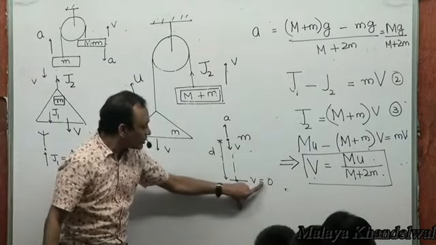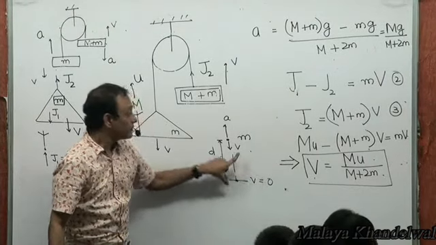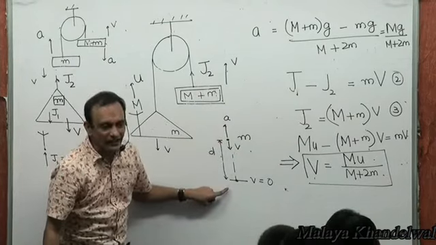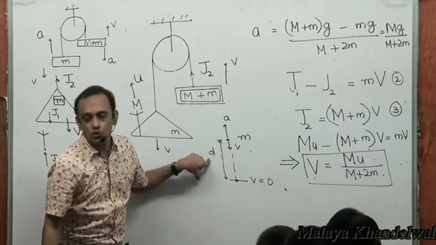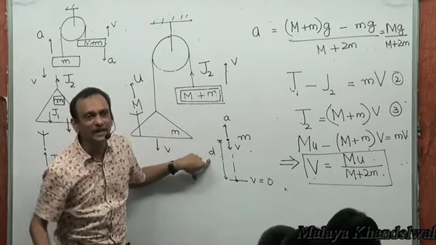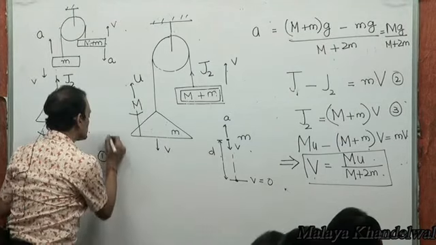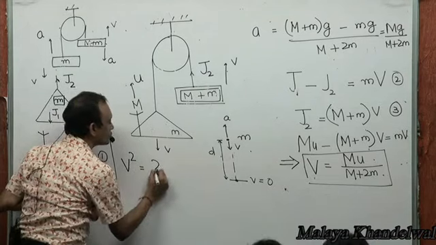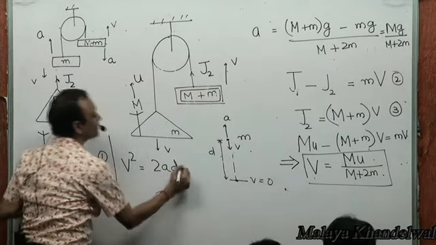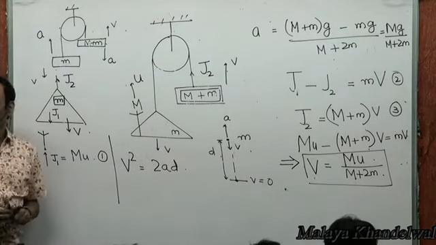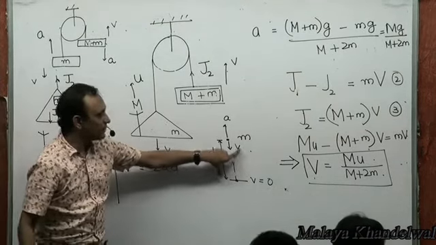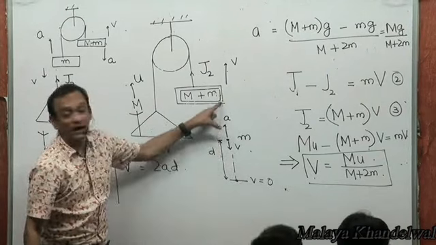So can I not say 0 squared minus v squared is minus 2a into d? That means v squared is 2ad. Yes or no? So v squared for the platform is 2 times a into d. Ask me, sure? 0 squared minus v squared is minus 2a into d.